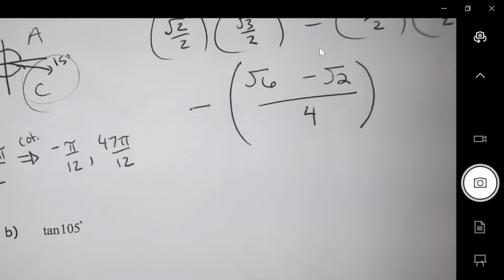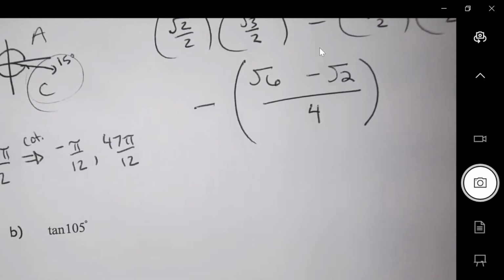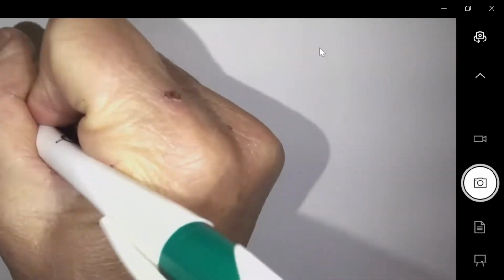So all I was doing to the 23 was either adding or subtracting 24, because 24 pi over 12 is a full circle of 2 pi. Okay, so I might just randomly ask you a coterminal question. Okay, 1B. So let's draw 105 degrees.